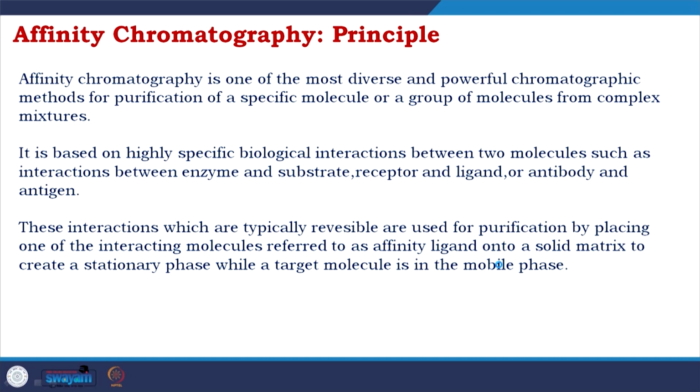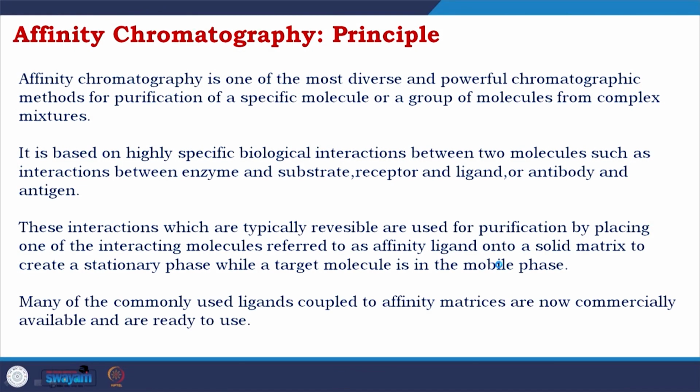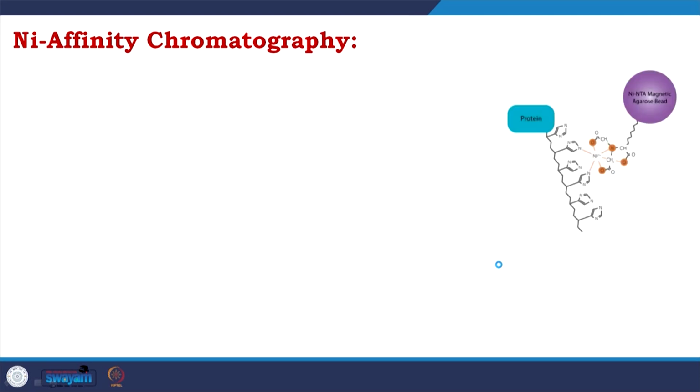Your protein is in the solution, that is the mobile phase, and the column has agarose with the bead, that is the stationary phase. Many of the commonly used ligands coupled to affinity matrices are now commercially available and ready to use. I will talk about one, which is nickel affinity chromatography.